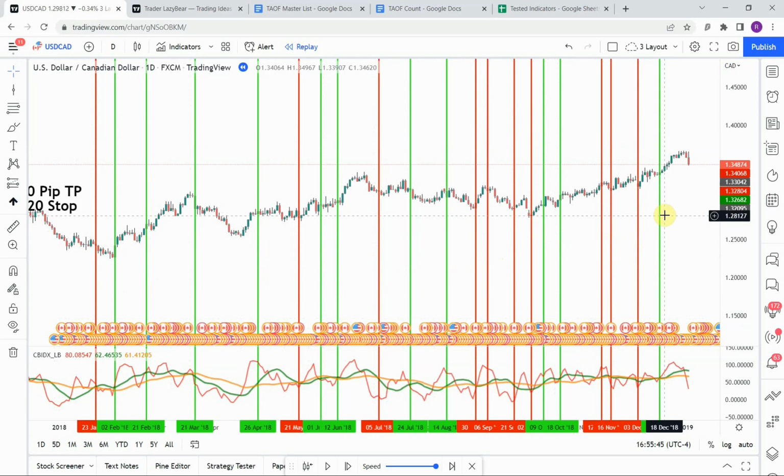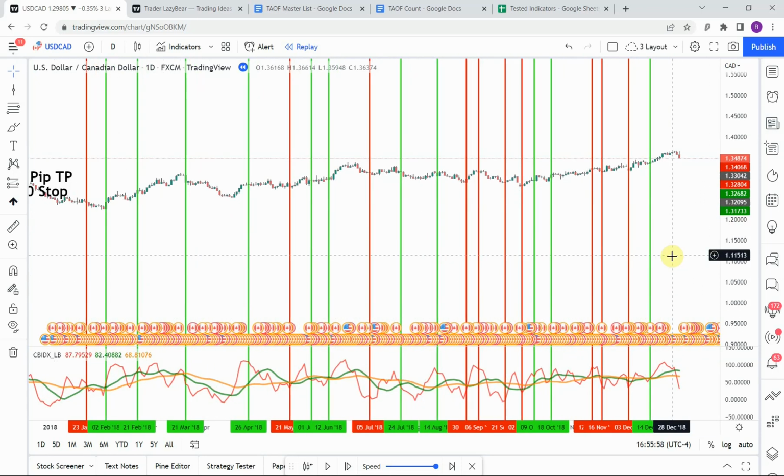So we have 21 trades altogether, and we have 1, 2, 3, 4, 5, 6, 7, 8, 9, 10, and 11 winning trades, and so that is not going to meet the 60% criteria that we're looking for.